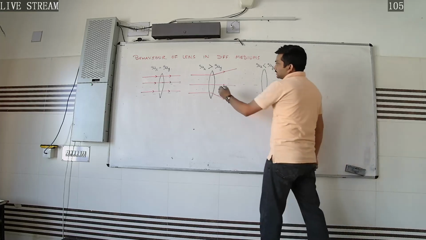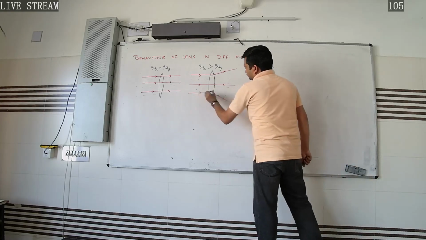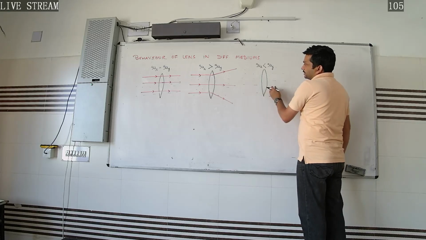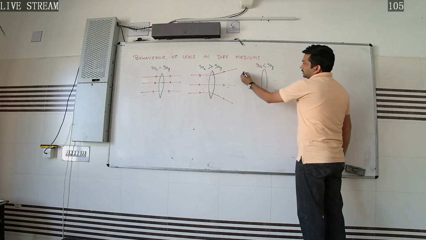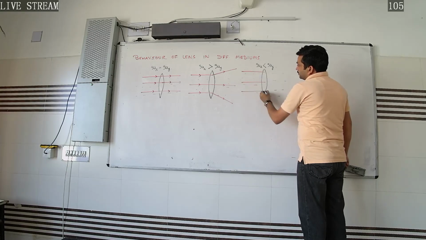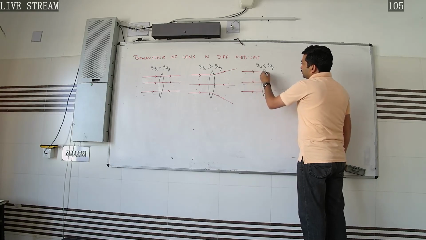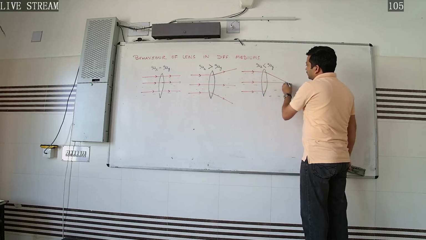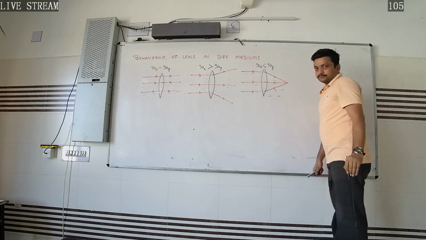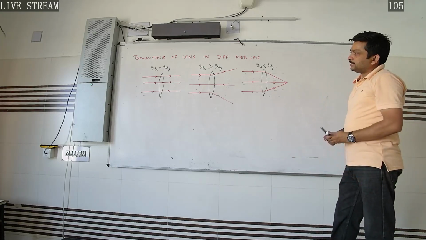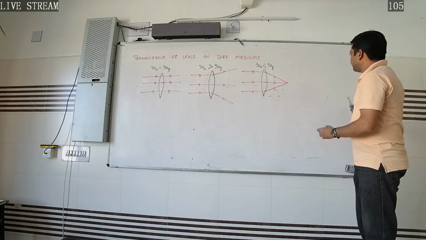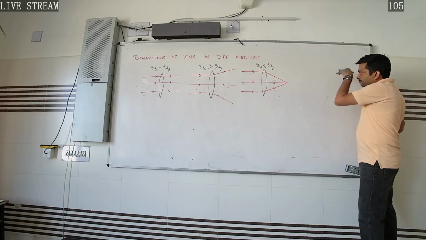And in this case, if the refractive index of glass is greater than the refractive index of the liquid, then it will possess its original property, that is, it will behave like a converging lens, that is a convex lens. Now the question arises here, why has it happened? So right now we have derived the formula.